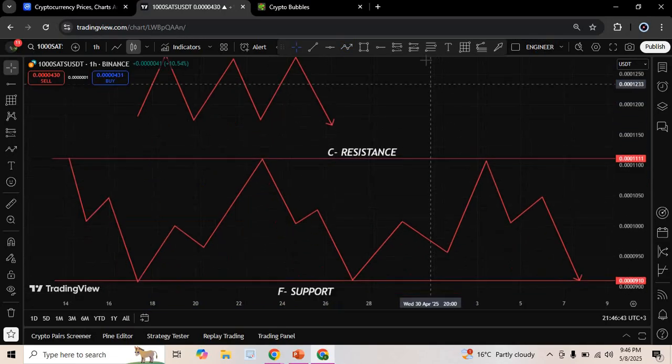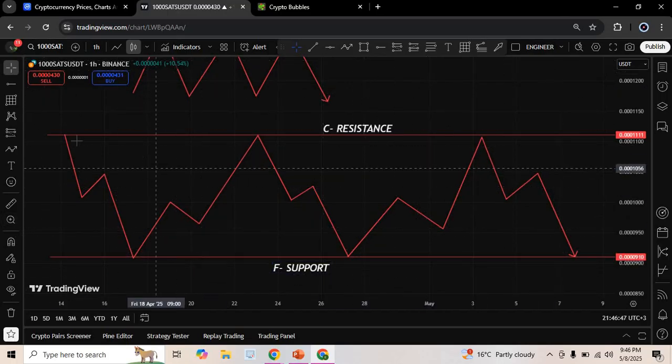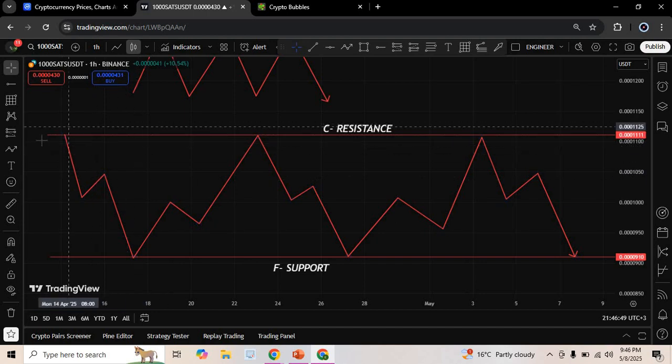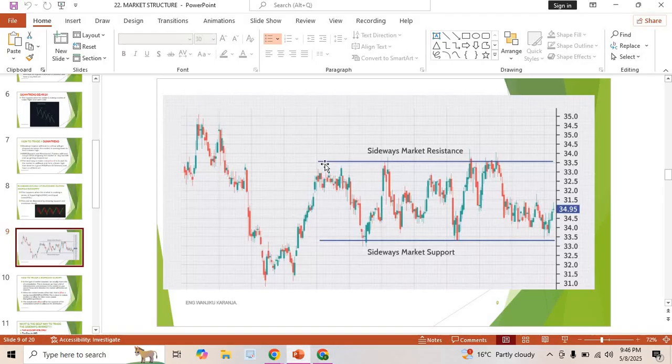What you expect from the market is something like this. As long as the market is playing within a zone of the support and resistance, it then qualifies being called a choppy market. You're having the market playing within this zone like this.